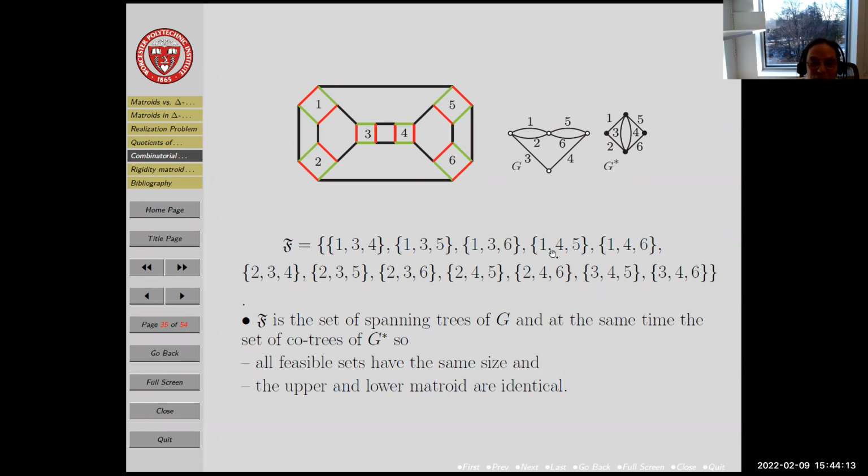So somebody gave me, this is a Delta-matroid, and here are the feasible sets. But the amazing part is, can you recover the graph? Do you actually know something? Well, you know definitely, if it's coming from a graph, that it's coming from a planar graph.